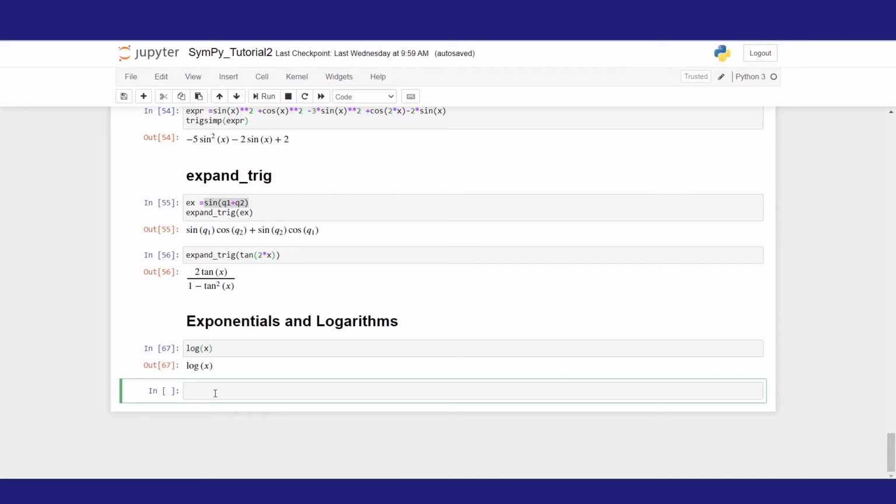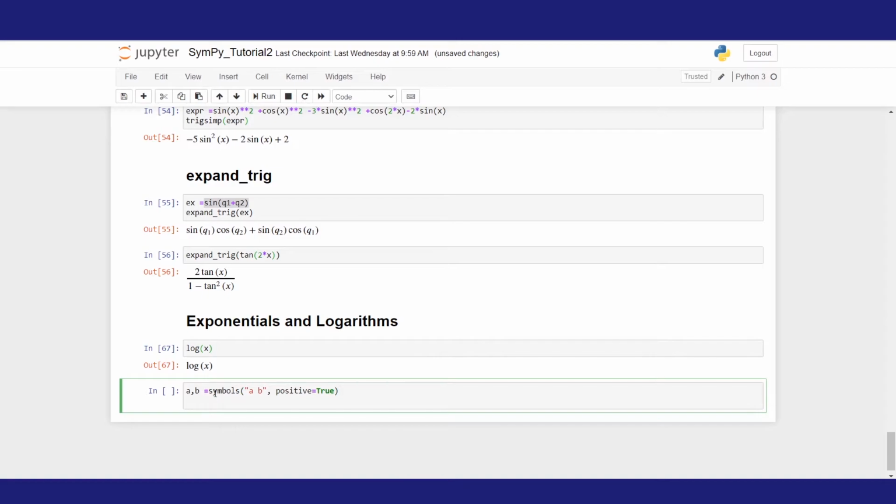Let's use the common a's and b's. I'm going to begin with symbols a and b. The condition for these is that they must be positive, so positive equals true. That's one of them.